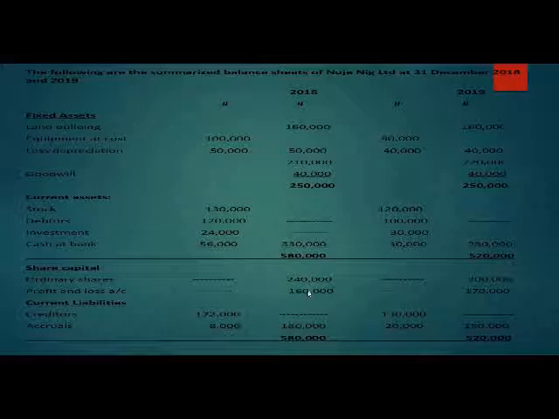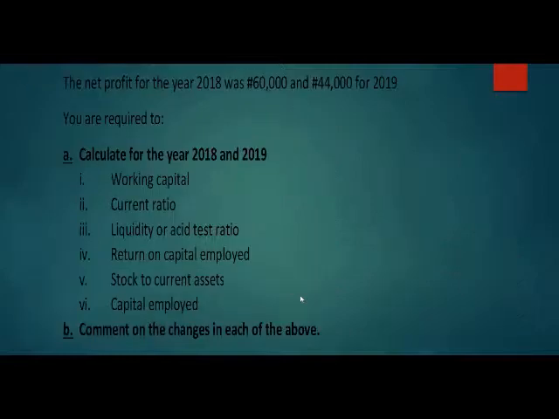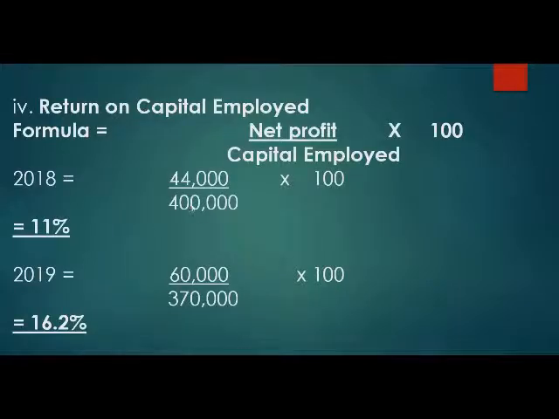So 160,000 plus 240,000 will give us 400,000. That's why you can see the 400,000 here. So you will now substitute the amounts using the formula net profit all over capital employed times 100. 44,000 times 100 divided by 400,000 gives us 11% for 2018.